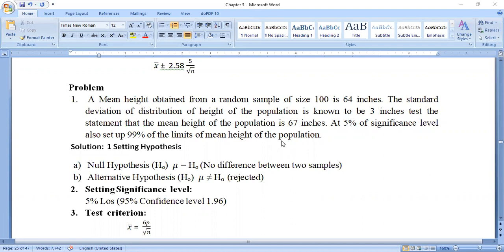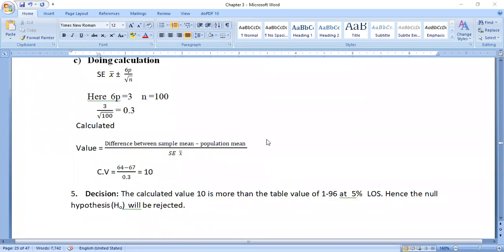In the place of standard deviation, we write 3. N is equal to 100, clearly mentioned as random sample size 100. Then 3 divided by under root N is 0.3. So 0.3 is the standard error of X bar.